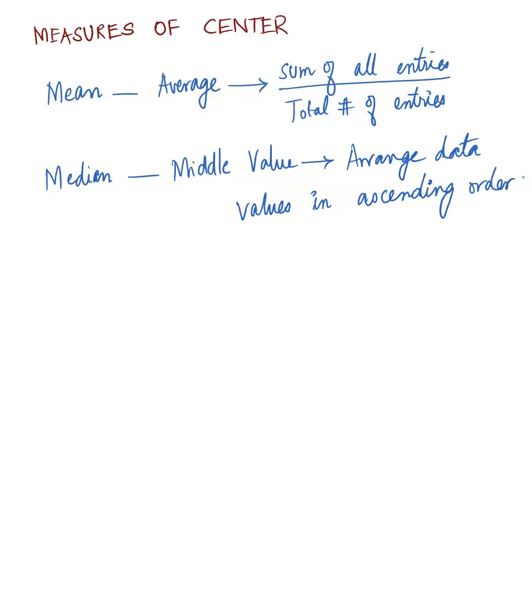If you had an odd number of data values, you will choose the middle one with no problem, right? One will stand out. But if you had even, then you take the mean of the middle two numbers. That will give you the median.